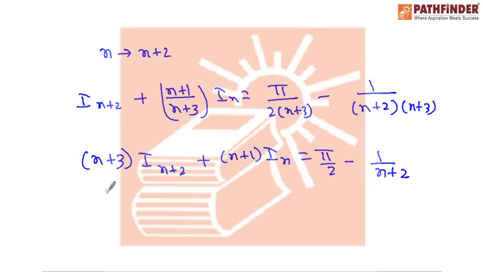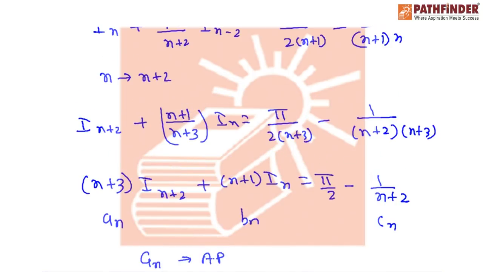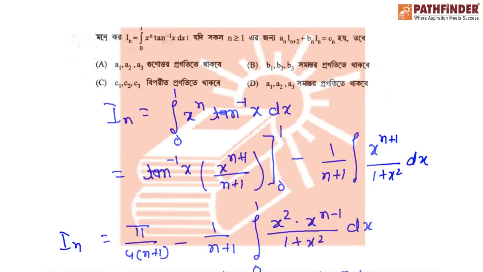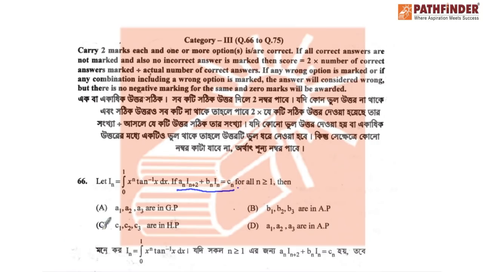So this is a_n, this is b_n, this is c_n. a_n is in AP, b_n is in AP. a_n and b_n, they are in arithmetic progression AP. B1, B2, B3 in AP, A1, A2, A3 in AP.